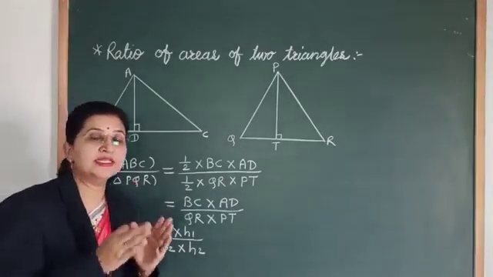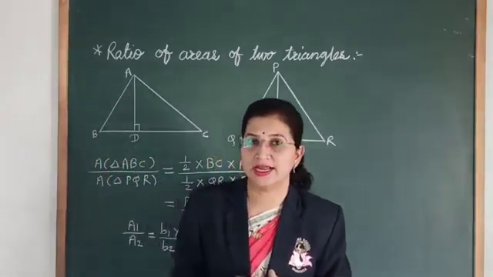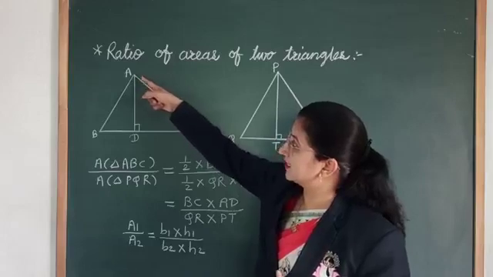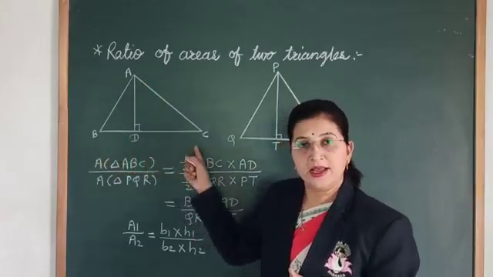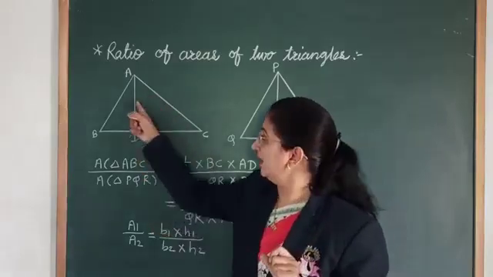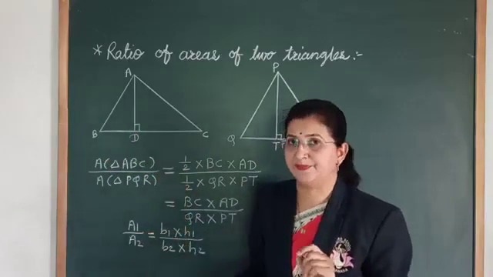Now here on which side there is a perpendicular, that side we have to consider it as the base. Okay, so you can see here from the vertex A there is a perpendicular on the side BC. That's why this perpendicular is nothing but the height and it is perpendicular on the side BC. That's why base is BC.